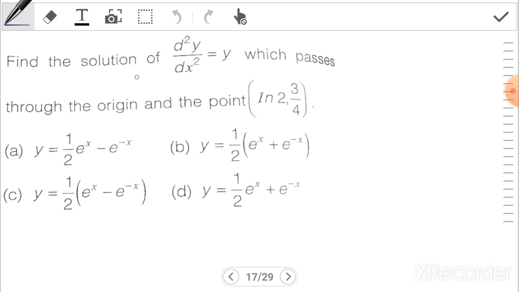Find the solution of d square y by dx square is equal to y, which passes through the origin and the point ln 2, 3 by 4.